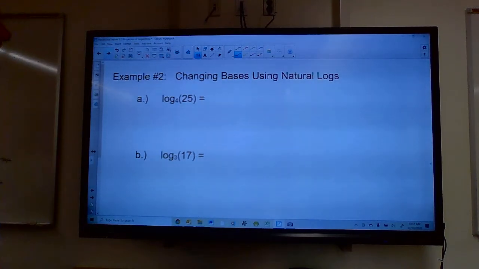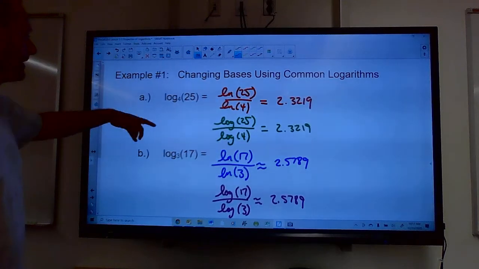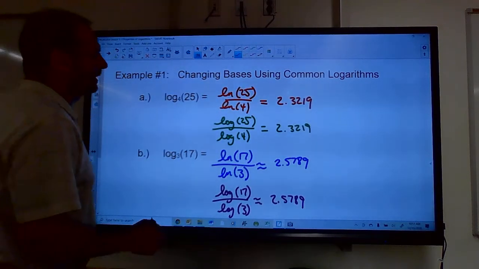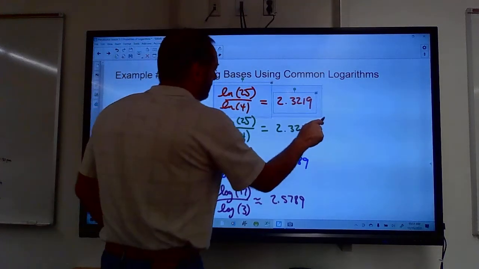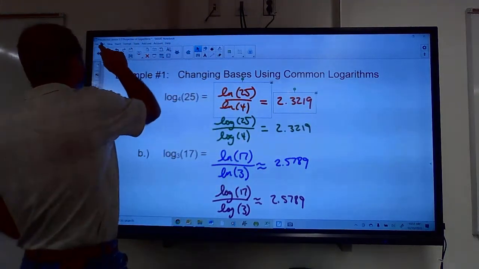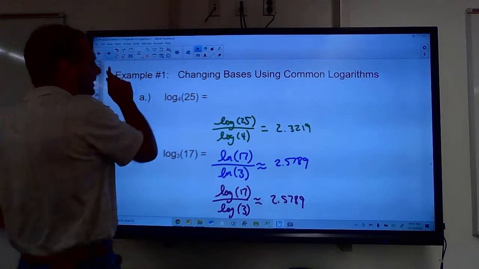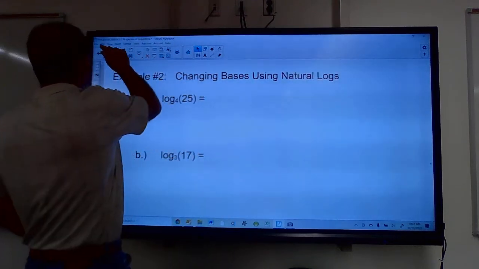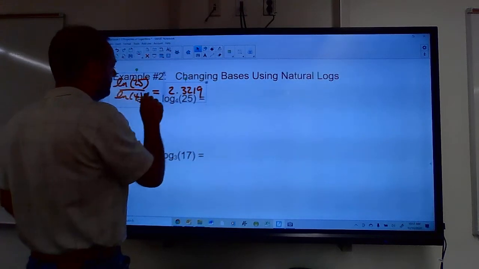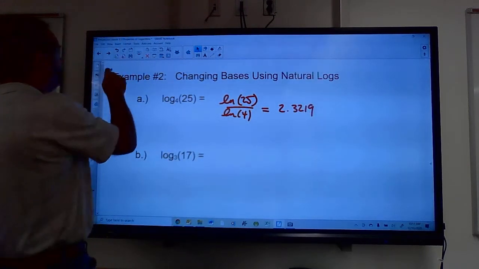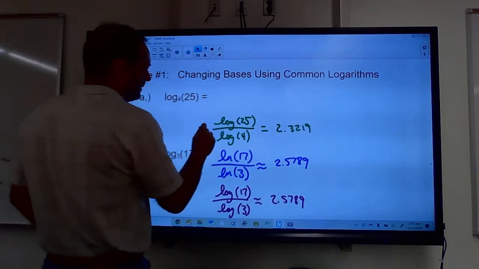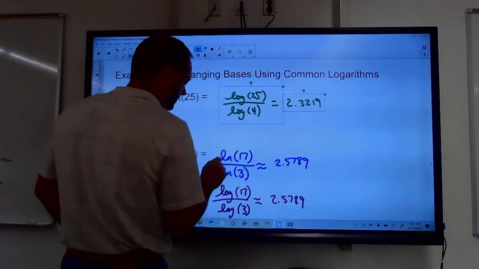Okay, changing bases using natural logs. This is pretty much what I just did here. I wasn't paying real close attention. This right here should actually go right here, and then I can move this up here.